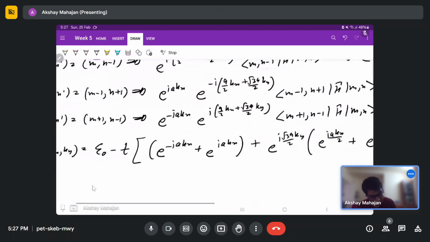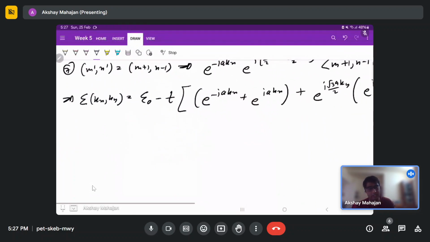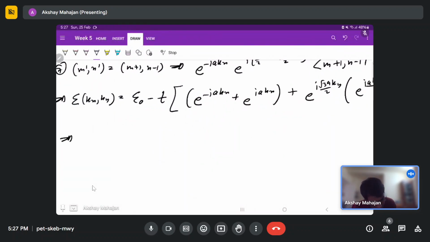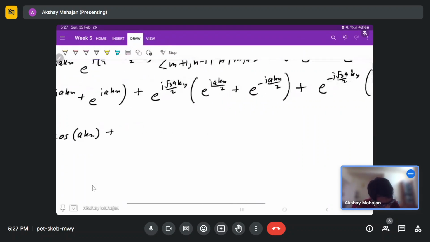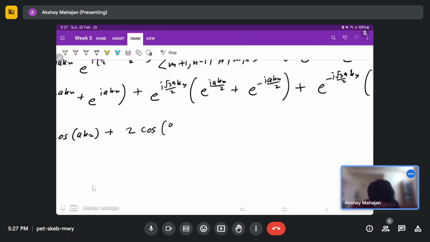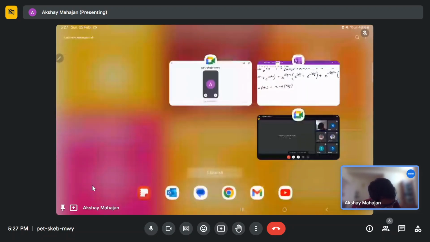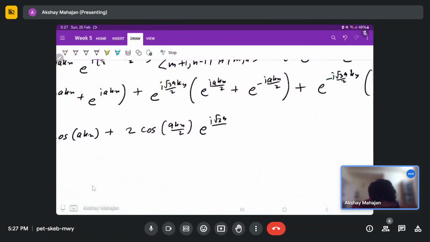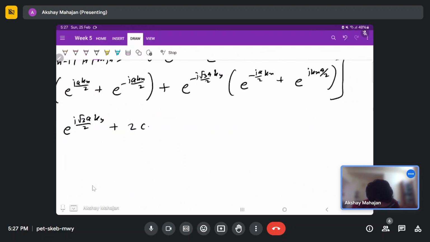Alright, so this will be our energy dispersion. Then again we just have to simplify it as we have done earlier. So this E of kx comma ky will be epsilon naught minus t times, this will give us 2 times cosine of akx plus, from here I will get 2 times cosine of akx by 2 times e to the power iota root 3a by 2 ky, plus I will have 2 times cosine of akx by 2 and e to the power minus iota root 3a by 2 ky.